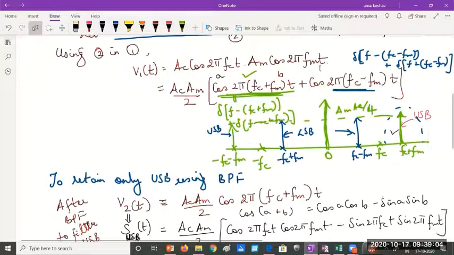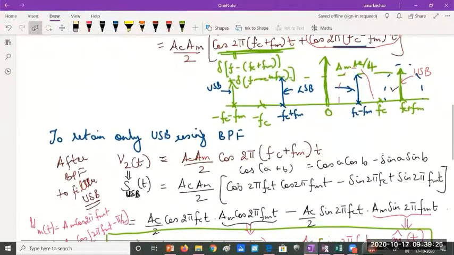Yes. See here, this is your LSB component. As you can see, this second part here corresponds to the LSB component, which is cos of A minus B. So if you filter out this LSB component, say I am filtering out this LSB component, you will take out this term. Okay.